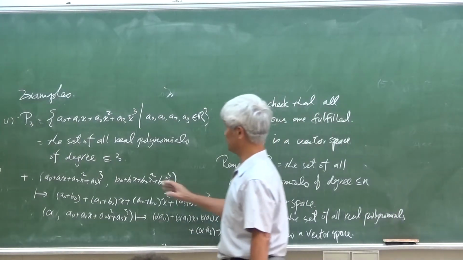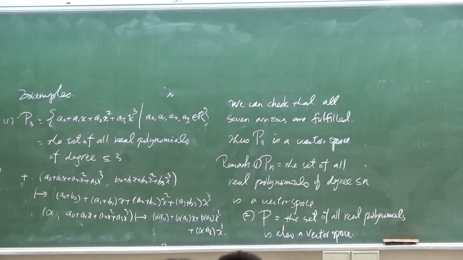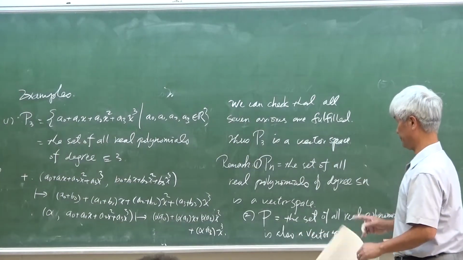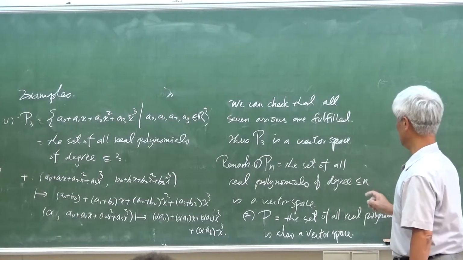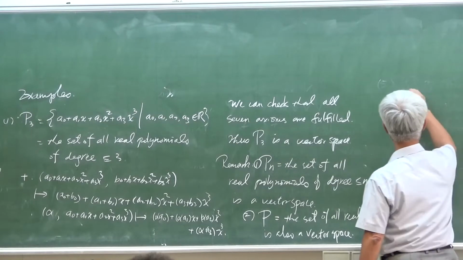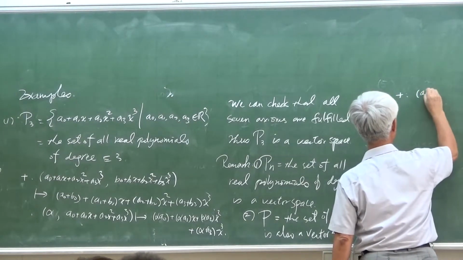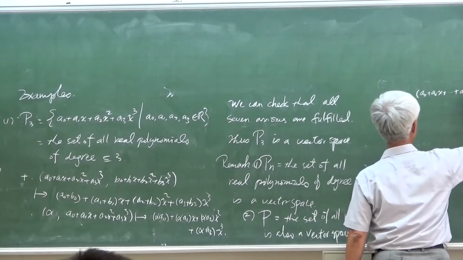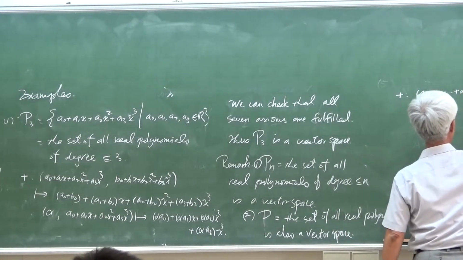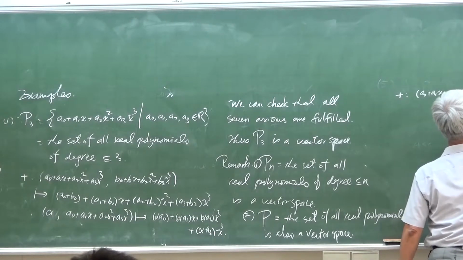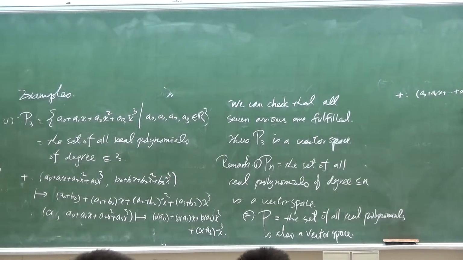But when you write down the vector addition, you have to be very careful to know that these two polynomials may have different degrees.